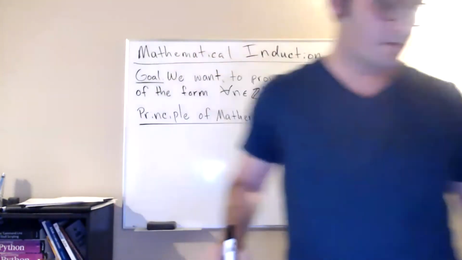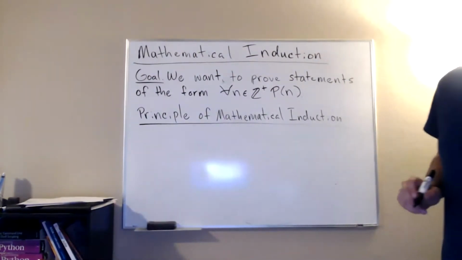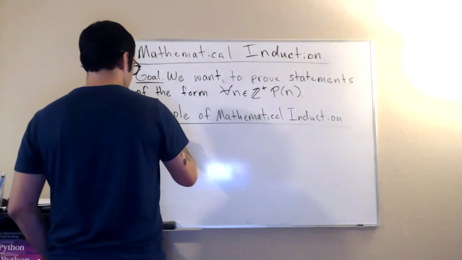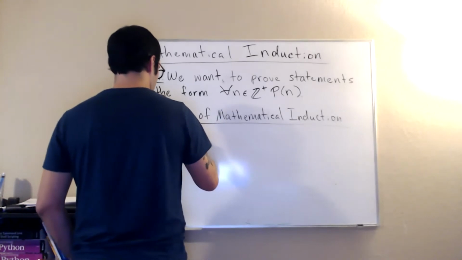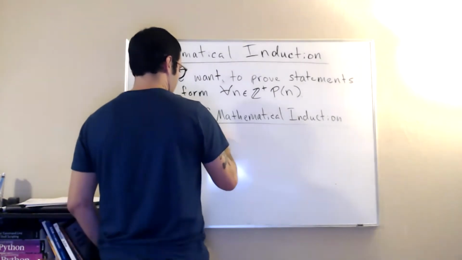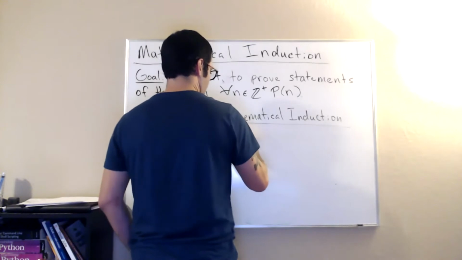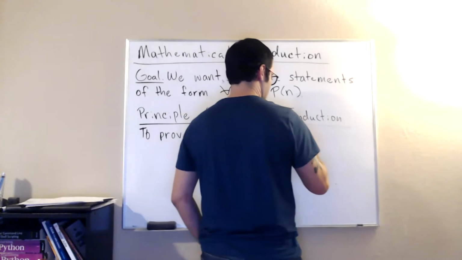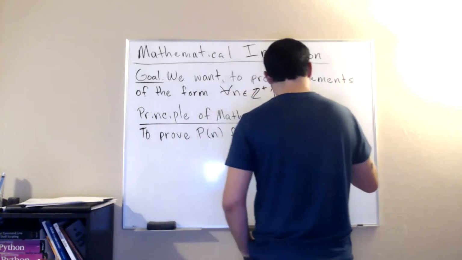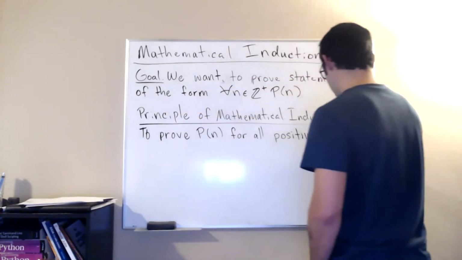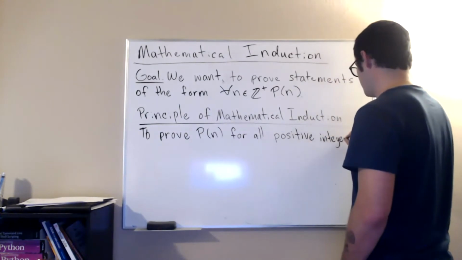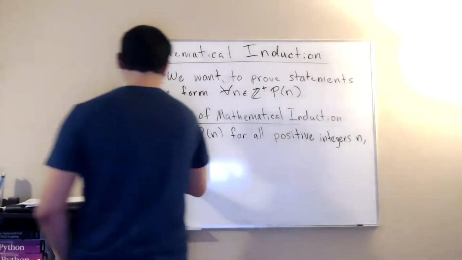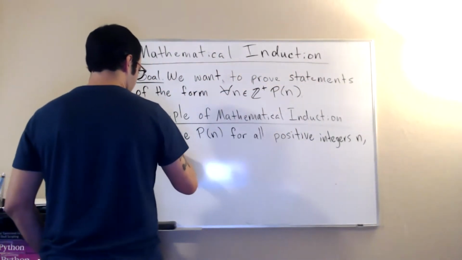To prove P of n for all positive integers n, we prove the following.